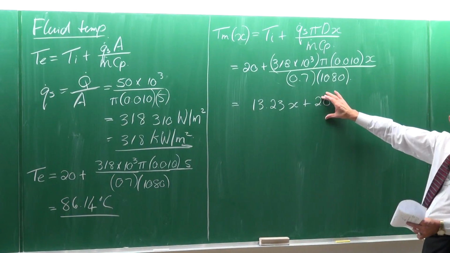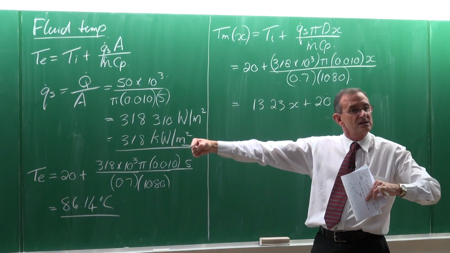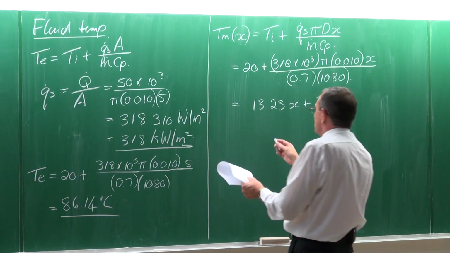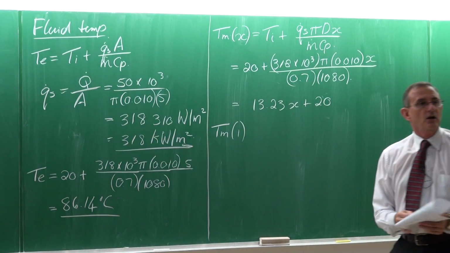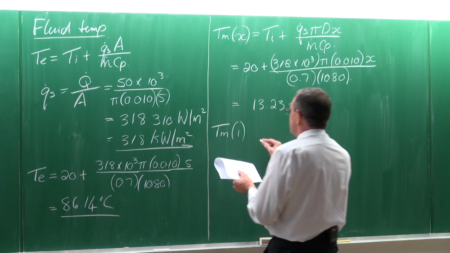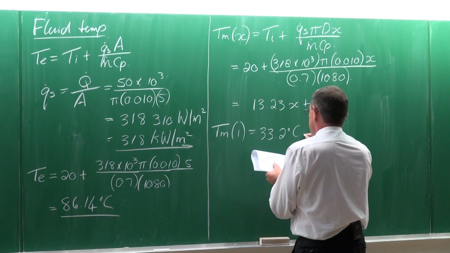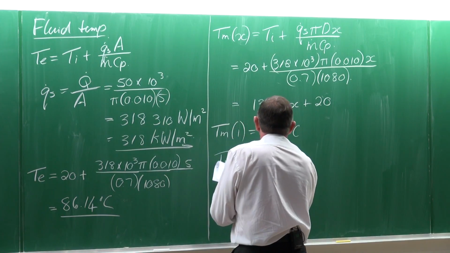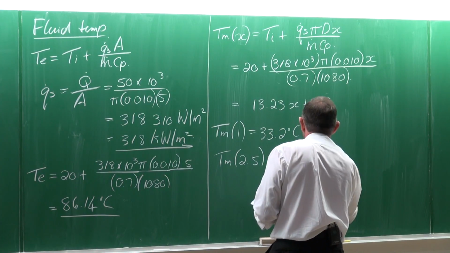So with this general equation, we could have derived it from the beginning and then used it to determine the temperature at 5 meters, but now we're going to do it at 1 meter and at 2.5 meters. So we can say the average fluid temperature, where x is equal to 1, is equal to 33.2 degrees Celsius. At 2.5, it is equal to 53.08 degrees Celsius.